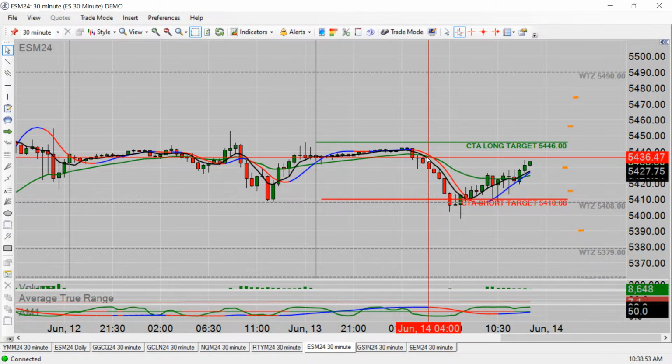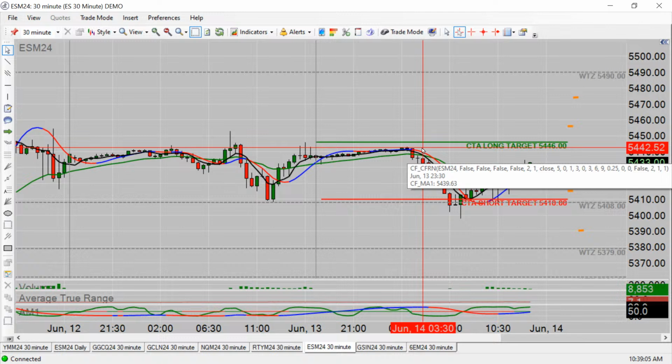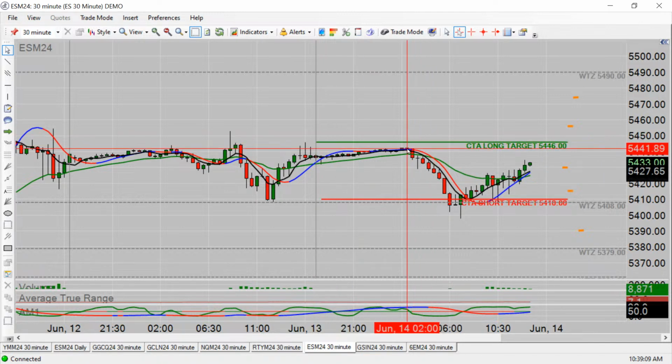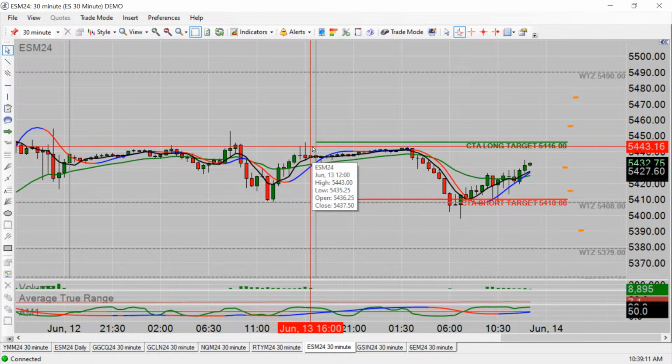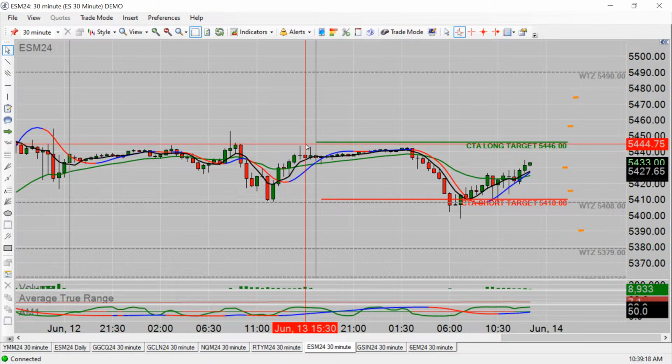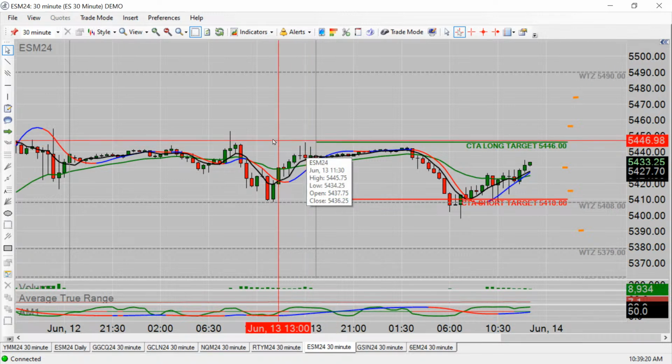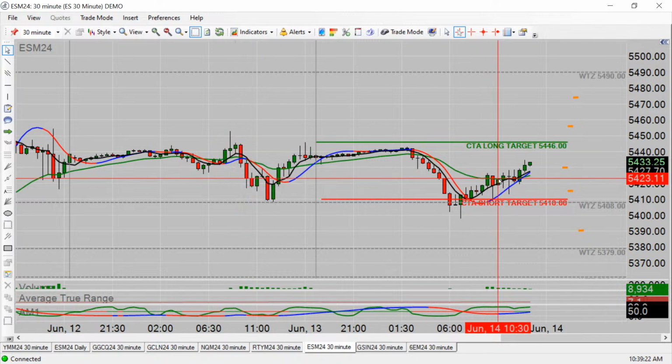That's potential resistance, at least the first time up. And that's at roughly 54.36/37. If we get through that, then you got potential resistance at the high of the session, which is this high from yesterday. See that? And then the target is this high right here.